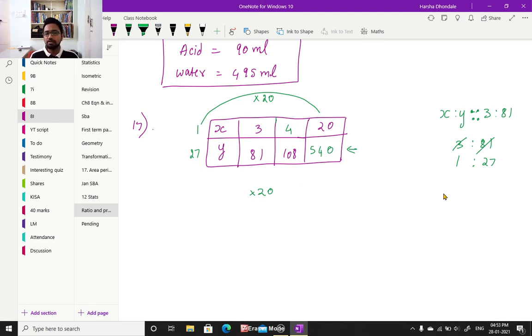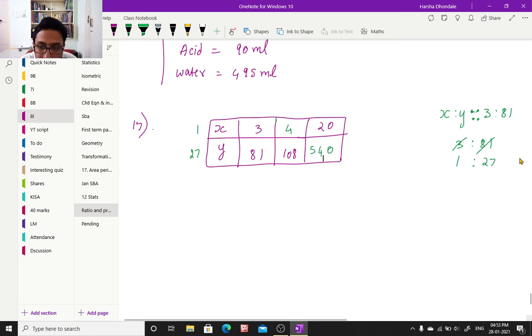I fill the tabular column. You can show this working in the working column. 27 into 20, you can show it here, and then 27 into 4, you can show it in the working column if it is a non-calculator paper.